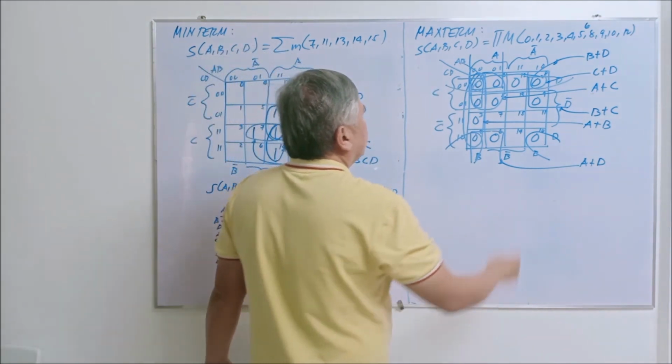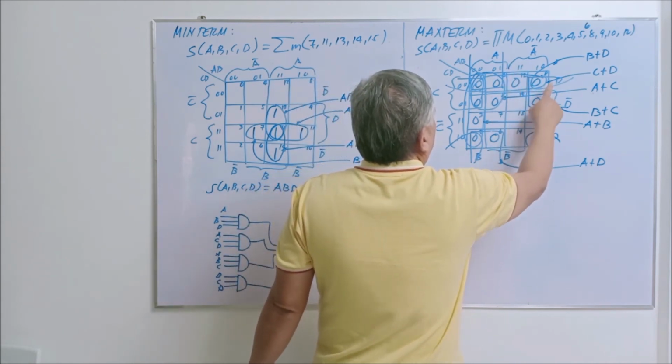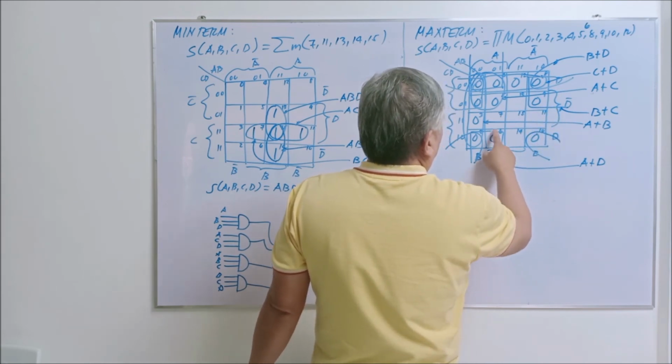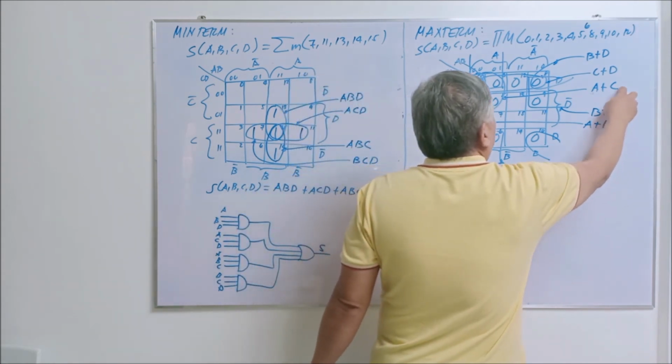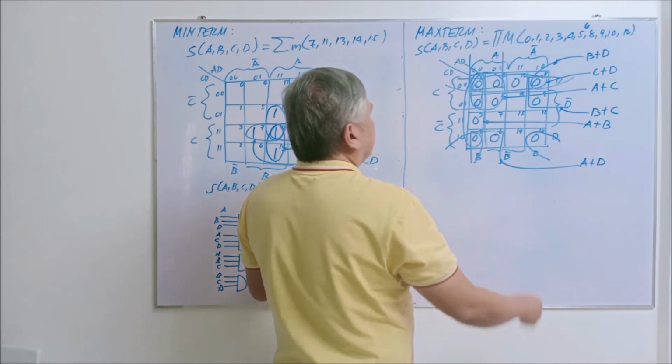So, how many groups? You have 1, 2, 3, 4, 5, 6. So, again, let's review.